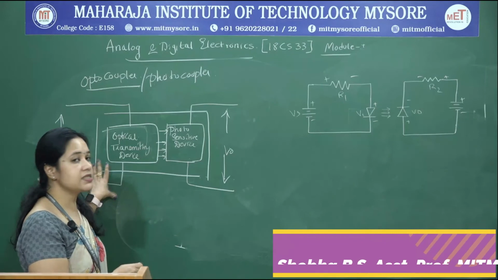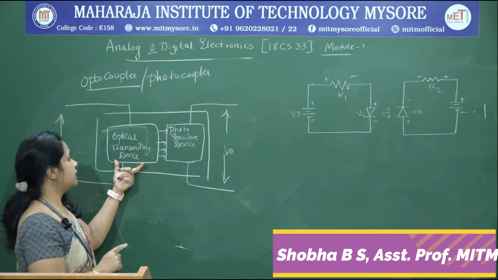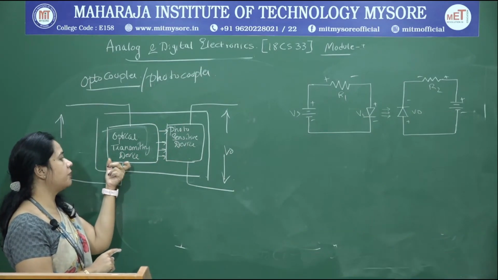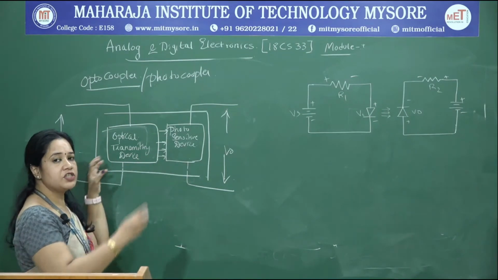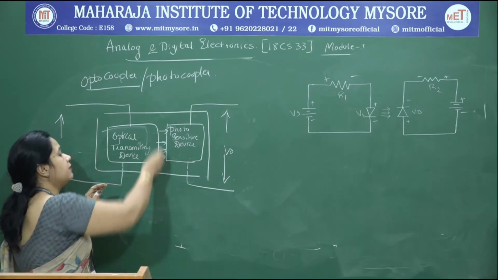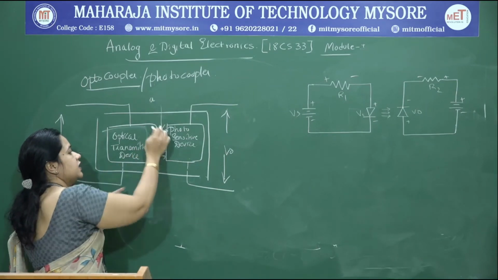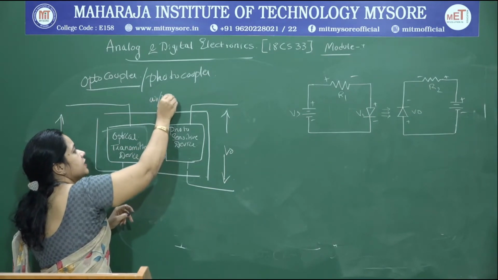These devices come as a sealed unit. It is a sealed unit which comprises an optical transmitting device and a photosensitive device, which are brought together by means of some sort of coupling, wherein the transmitting medium is either air or some dielectric.